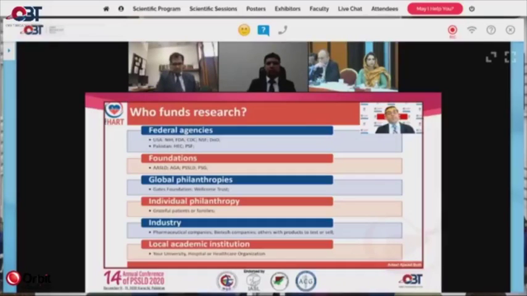One is to actually enhance science and create new knowledge, but also that may be related to the products that they are producing, marketing, or selling, so to support some of that activity. Finally, your local institutions, academic institutions like your university, your hospital, or the healthcare organization that you work for might have pilot funds or even larger funds for that matter, which will fund research.